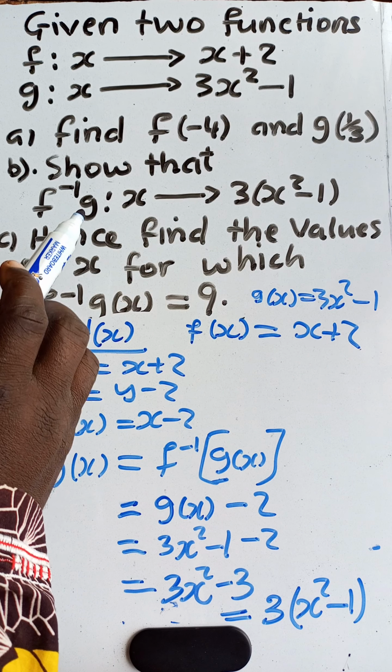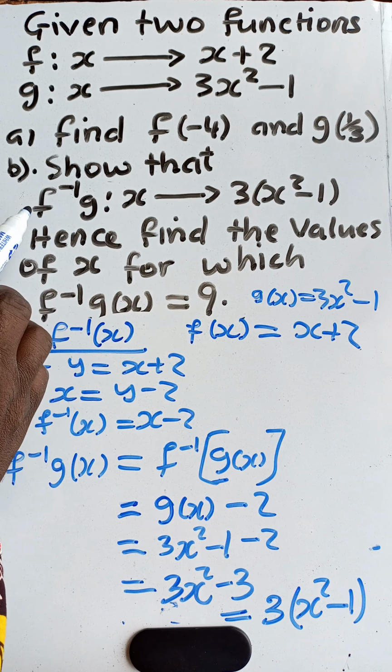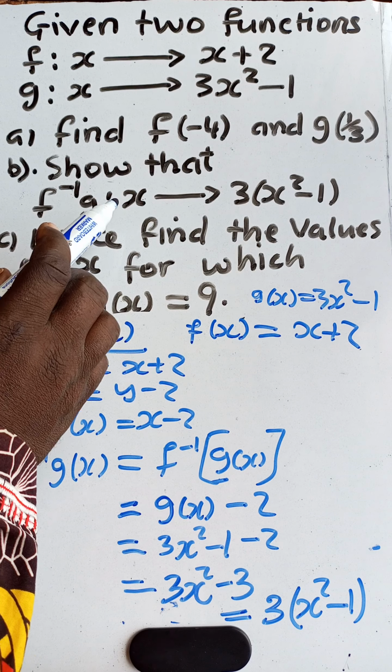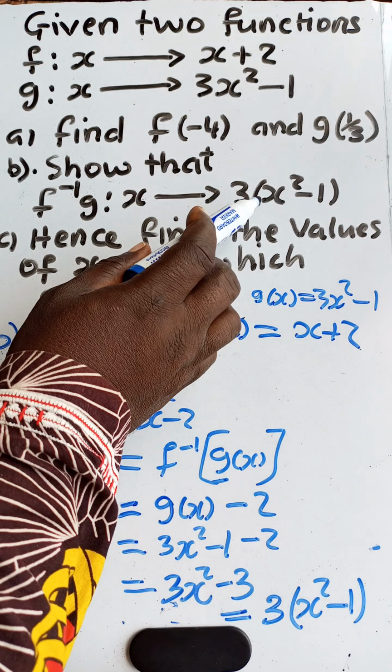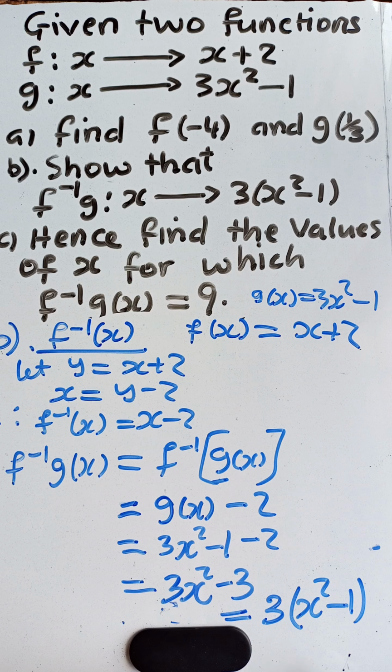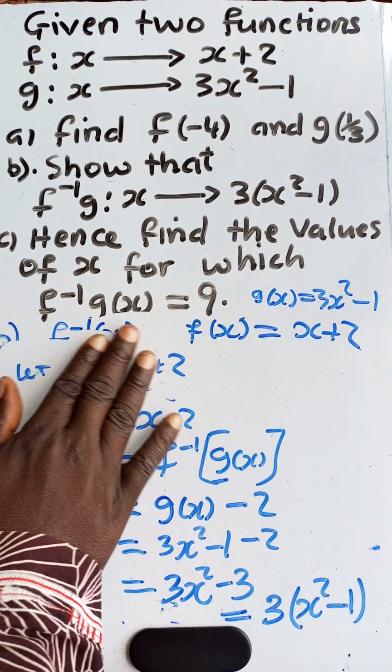Now, if you look at what we were asked to show, we were asked to show that this composite function is a function that takes x and maps to 3 into x squared minus 1. Here we got it, 3 into x squared minus 1. So we can just finally say that, let's write it up here.